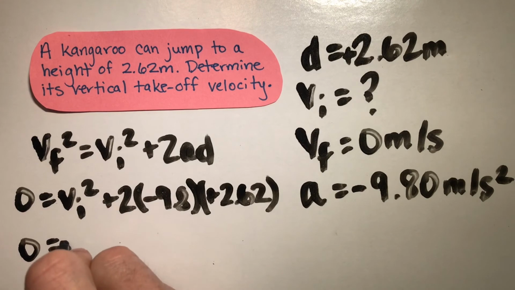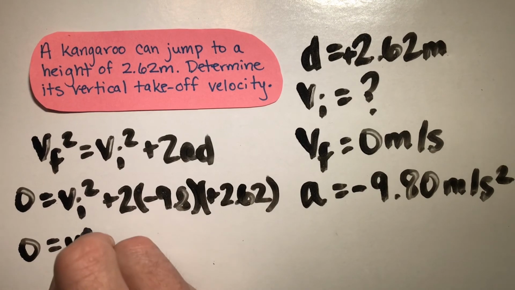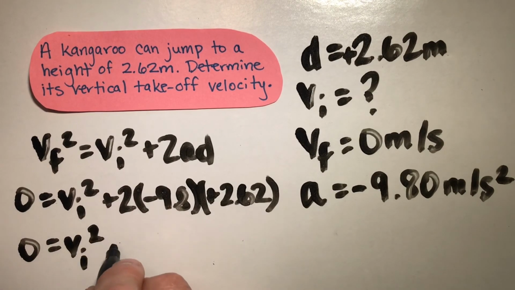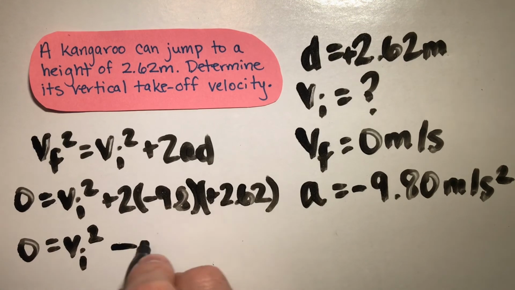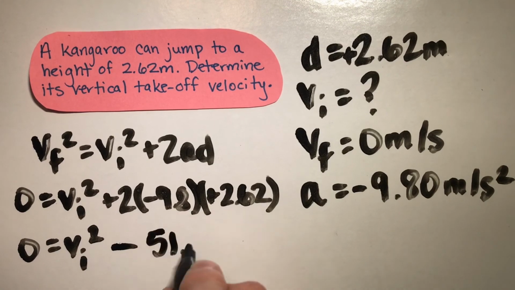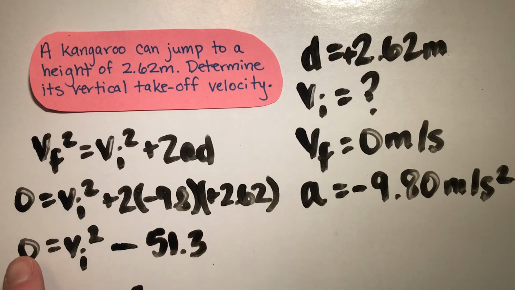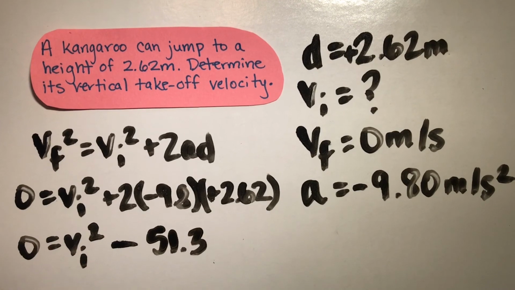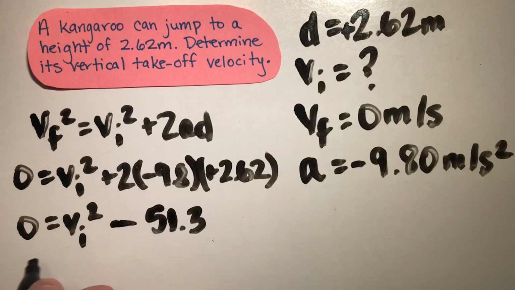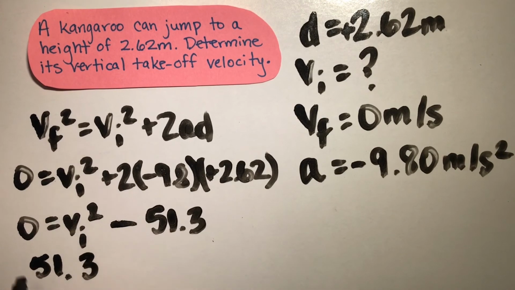So we have 0 is equal to our initial velocity squared, and we can multiply all the rest of this out, and what we end up with is minus 51.3. Now we can take this minus 51.3, bring it over to the other side, and that's going to make it a positive 51.3. So that means 51.3 is equal to the square of our initial velocity.